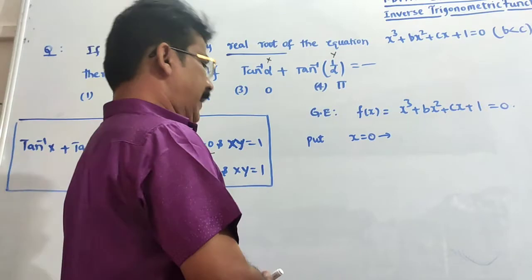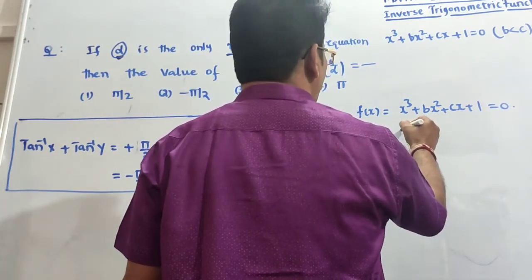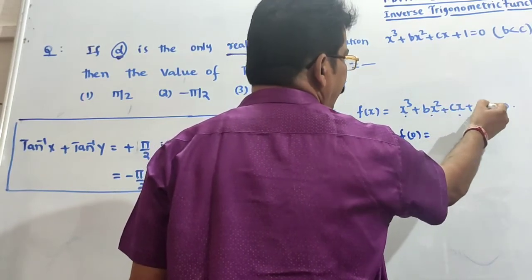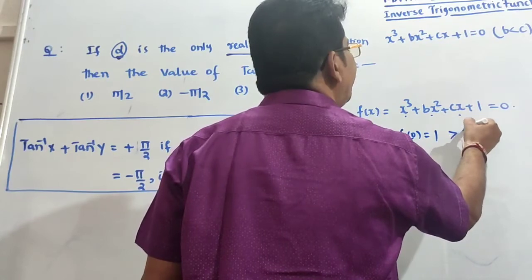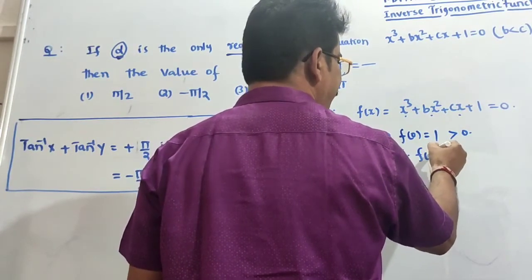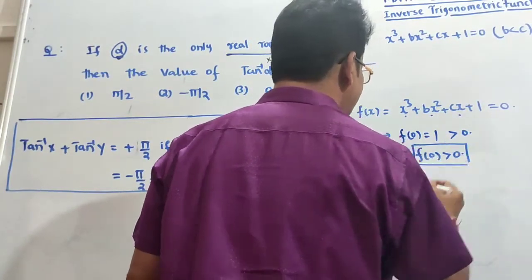Put x equal to 0. So f of 0 equals 0 plus 0 plus 0 plus 1, and 1 is positive. So f of 0 is positive.